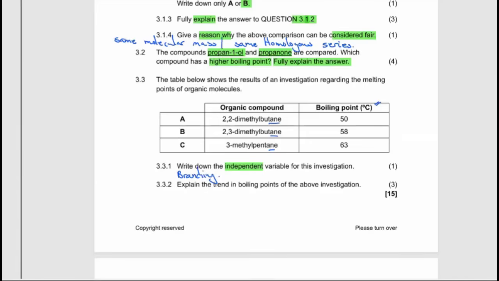Now we're asked to explain the trend in boiling points for the above investigation, right? So I'm going to formulate a trend and just say from A to C, less branching, and then stronger intermolecular forces.